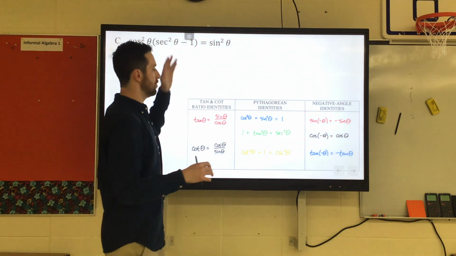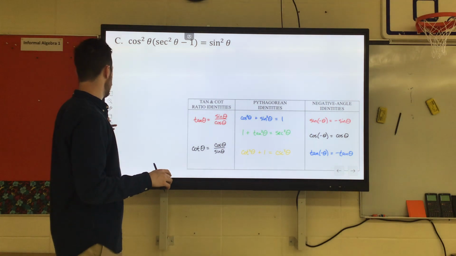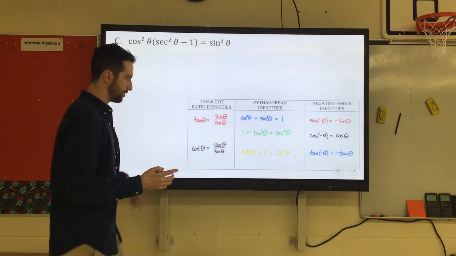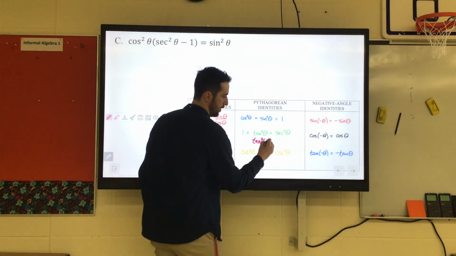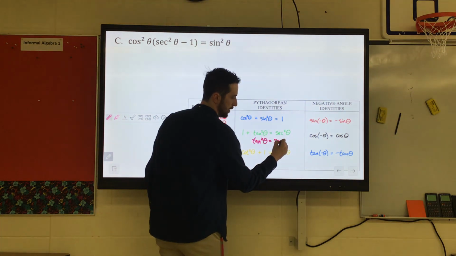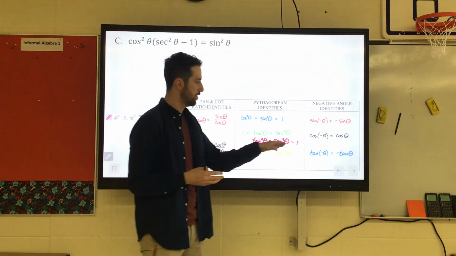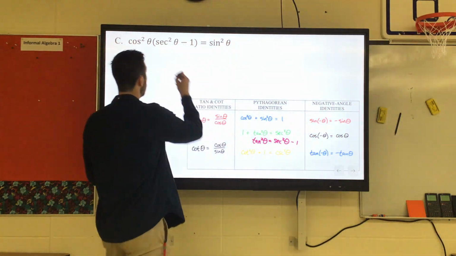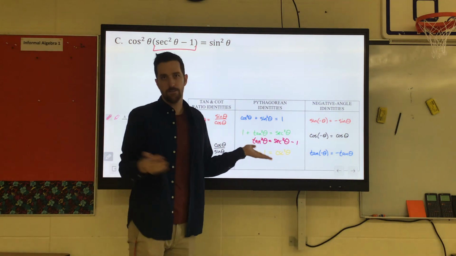I could easily make that secant squared theta minus 1 by just subtracting 1 from both sides. So that would be tan squared theta equals secant squared theta minus 1. So when I see secant squared theta minus 1 here, I can replace that with tan squared theta.